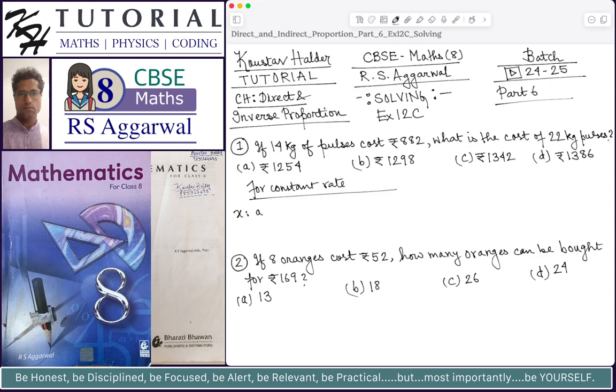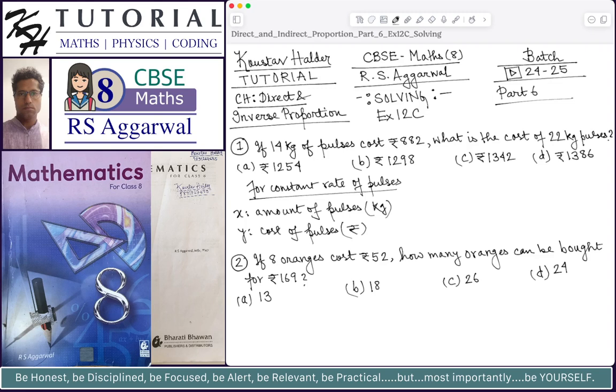So for constant rate of pulses, we know that the amount of pulses in kg, x, and the quantity y, which we can say is the cost of pulses in rupees.